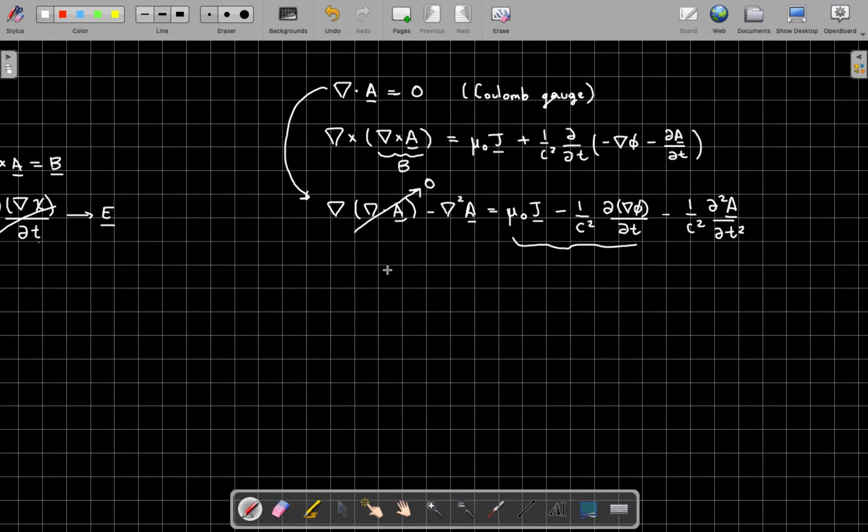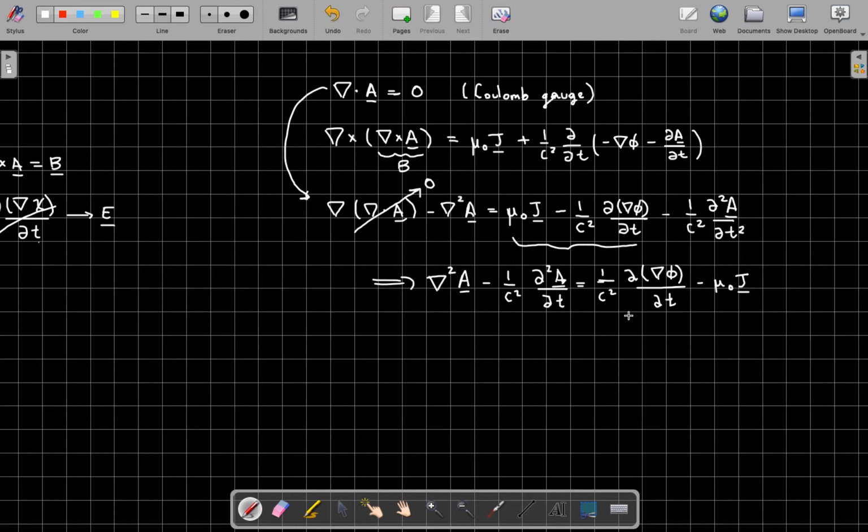We find that the Laplacian of A minus 1 over c squared times the second time derivative of A is equal to 1 over c squared times the derivative of the gradient of phi with respect to time minus mu 0 j.